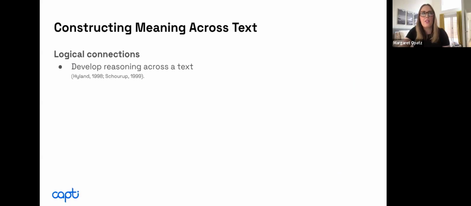The primary use is to develop reasoning across a text. You're using these specific types of discourse markers to signal a relationship, or in oral language, we do it just to keep the conversation moving. And that's a similar reason in writing, they're just not as frequent.